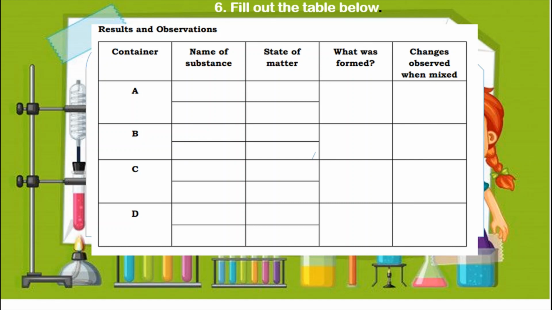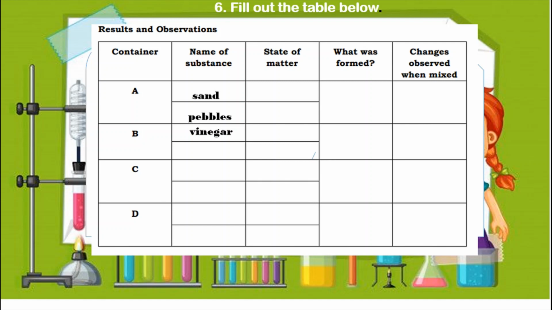Okay, sa name of substance, sa letter A nga container, unsa man atong gibutang kaganina? Okay, nagbutang tayog balas or sand, and katong mga gagmay nga bato, pebbles. Okay, mao to siya sa container A. Unsa man ang state of matter niya? Dili pa nato butangan tanan og substance.